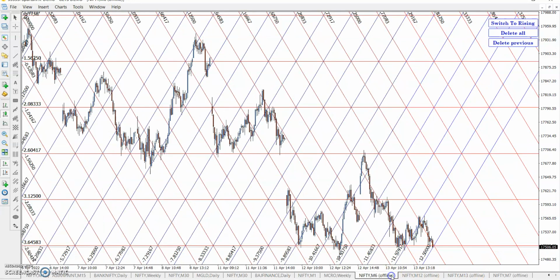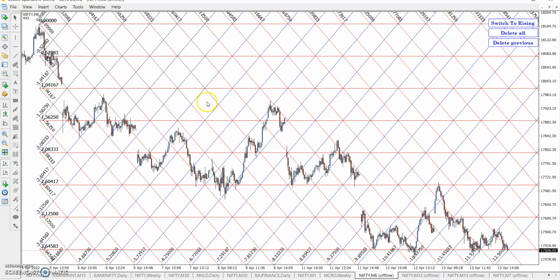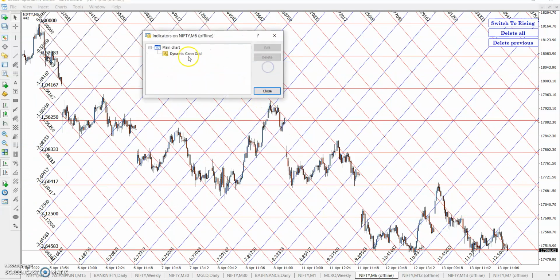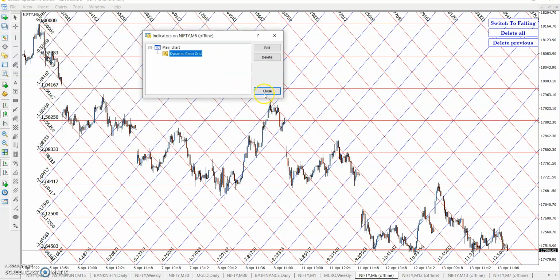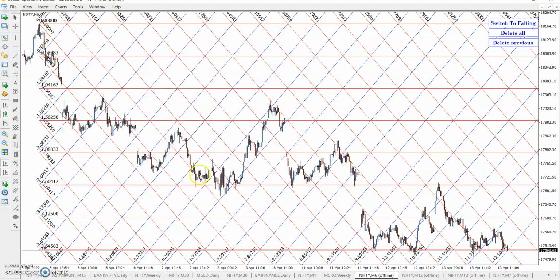See the Nifty somewhere here. It's a 6-minute time frame. 192 is also a 128 plus 64. Sorry, 96. 96 multiplied by 2. Scale 0. Here I'm using 4. So you can apply this one and see.